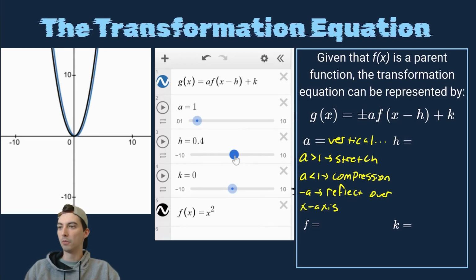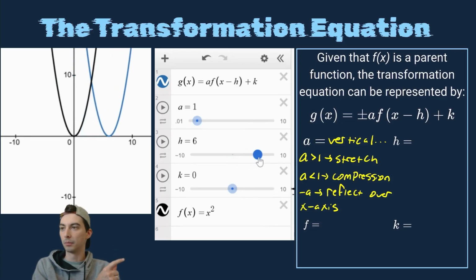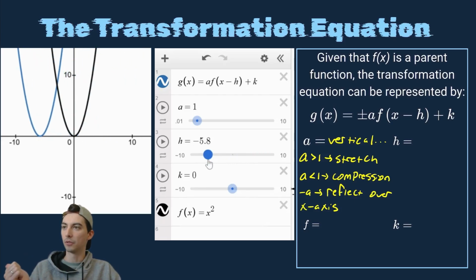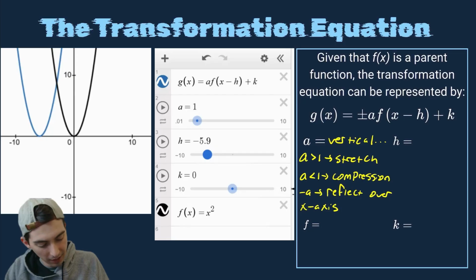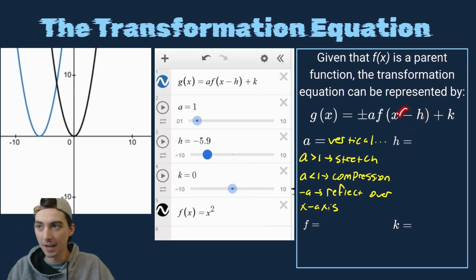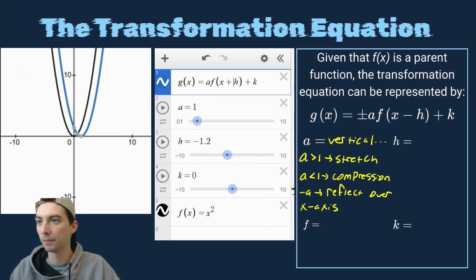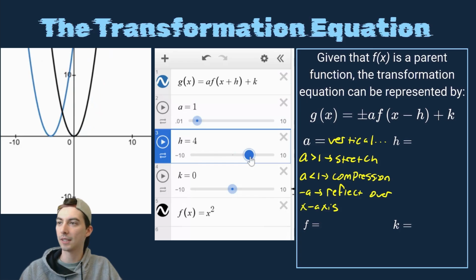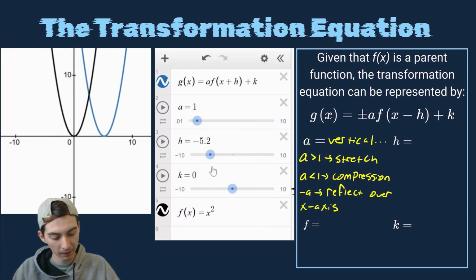So h, I see if I start moving it more positive, it's going to the right, and if I start moving it more negative, it's going to the left. But what I want us to recognize here is inside the equation we have a negative h. And so if I change this to be plus, and I start moving this to the right, I see the graph is actually going in the opposite direction of what we would anticipate.